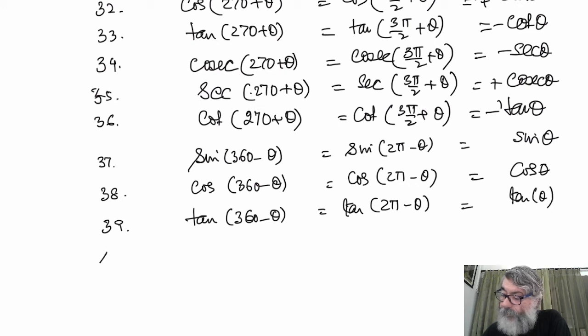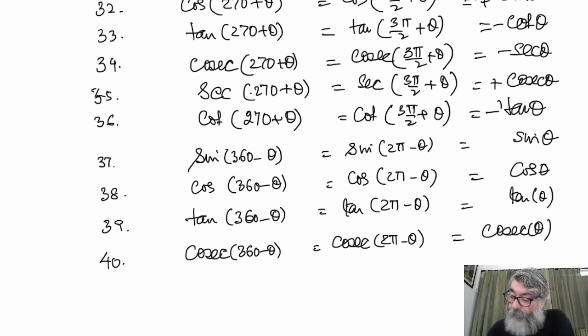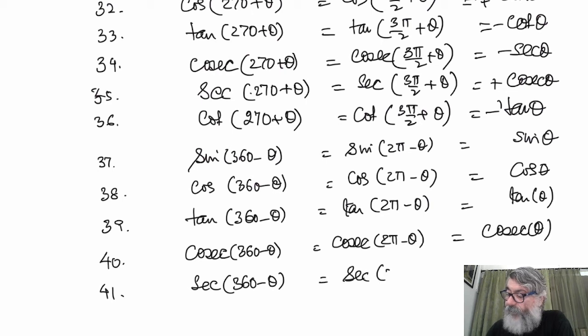Cosec 360 minus theta is equal to cosec 2 pi minus theta will remain cosec theta only, because it is multiples of pi, so there is no change. Then sec 360 minus theta will remain sec 2 pi minus theta. I am writing both in degrees as well as in radians.